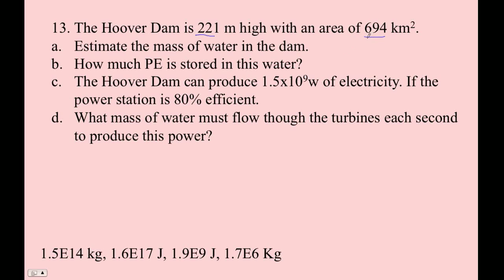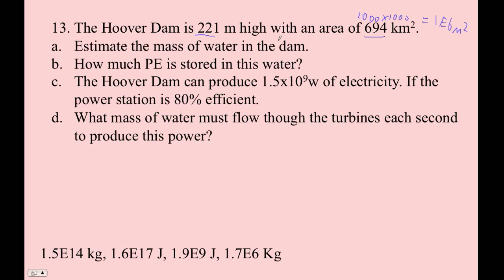Well, that's going to be, let's see, a square kilometer is 1,000,000 square meters. Is that right? A square kilometer is 1,000 meters by 1,000, right? So that is 1e6 square meters. Okay.